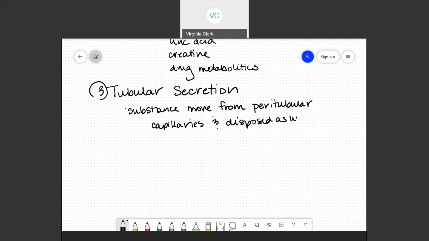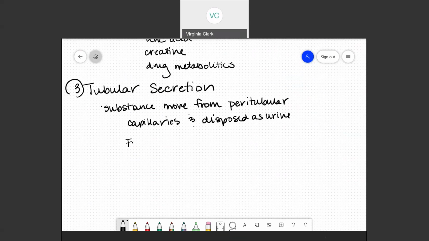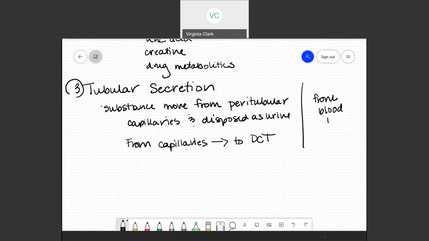What we mean here is that things are going from the capillaries, there's only one P, to the DCT. So this is going from the blood to the nephron. So we're going back. We are now secreting things from the blood to the nephron.